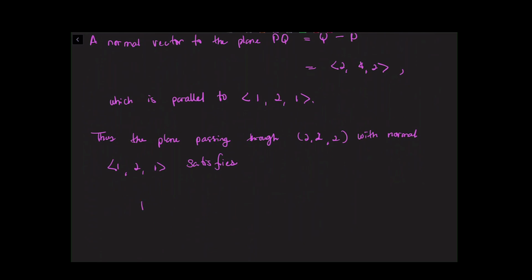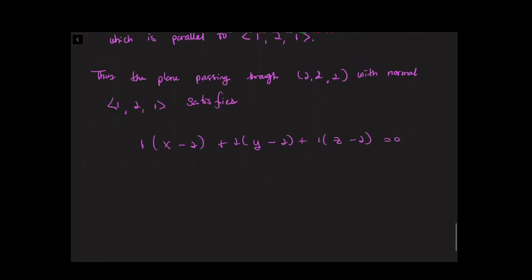So we have 1 times x minus 2 plus 2 times y minus 2 plus 1 times z minus 2 is equal to 0. Simplify this, you get x minus 2 plus 2y minus 4 plus z minus 2 is equal to 0.